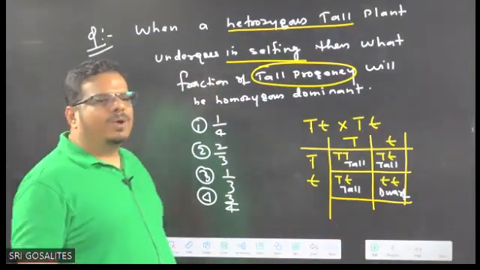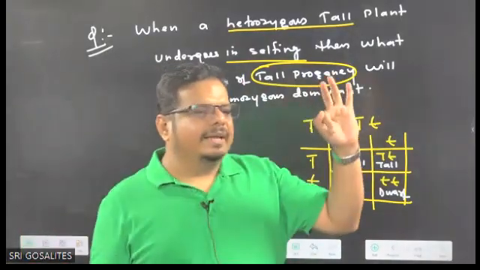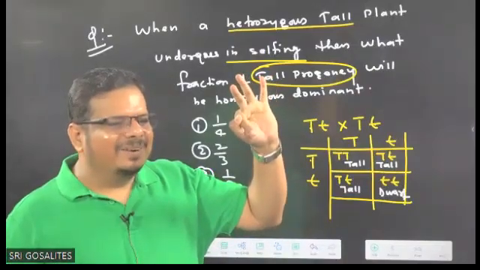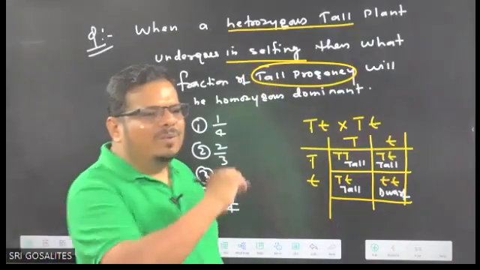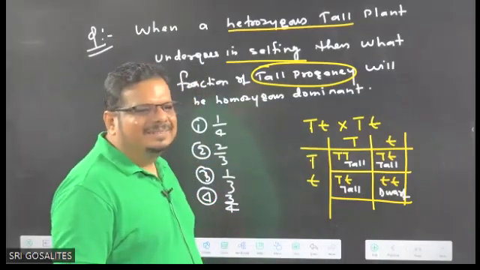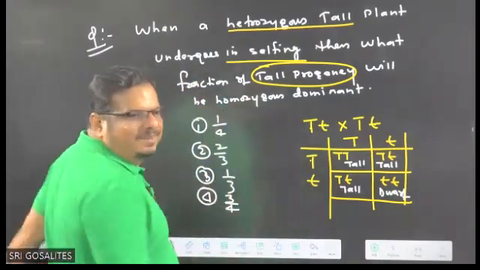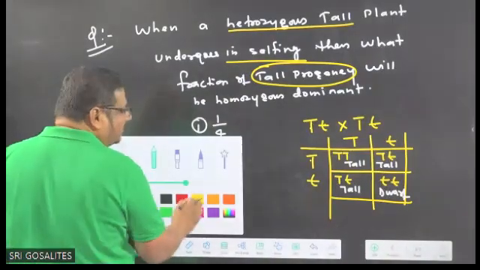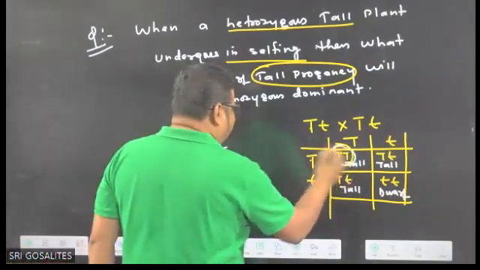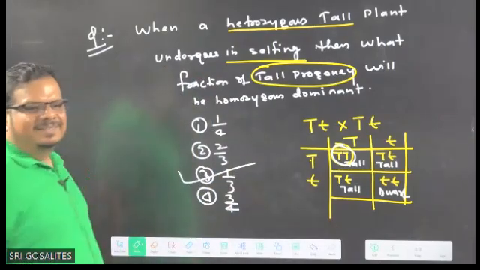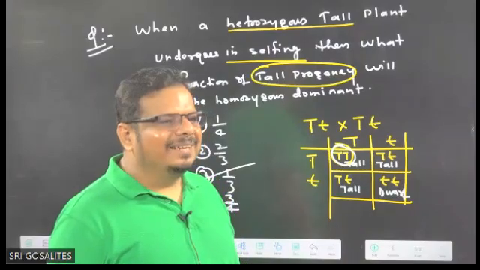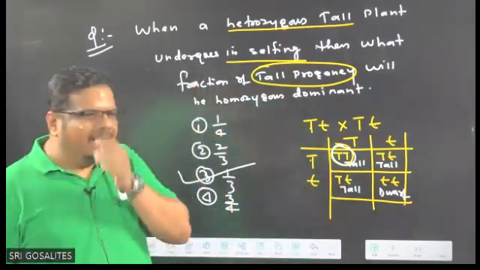How many are tall out of 4? 3 are tall, na? And how many are homozygous out of tall? 1. So what will the answer be, dear children? 1/3. You got the idea?